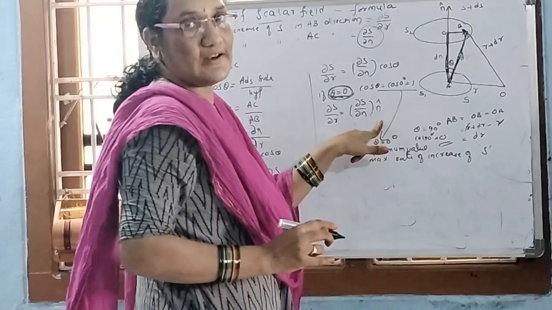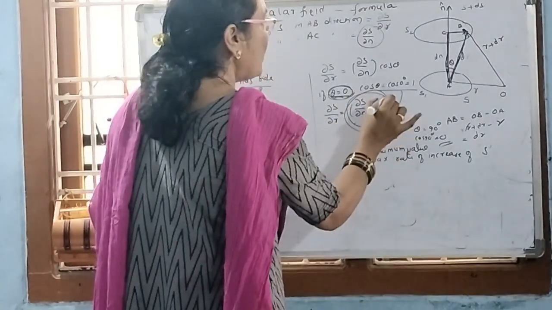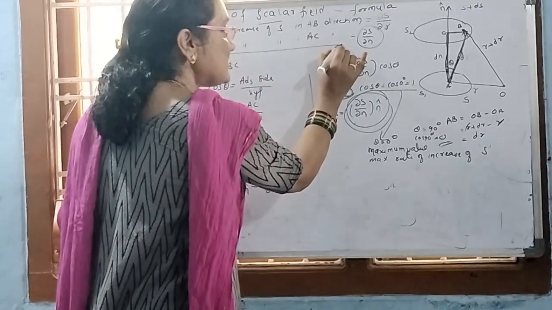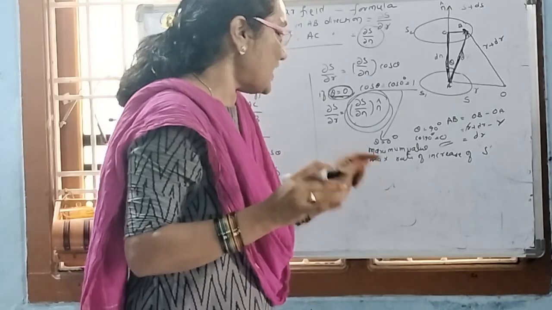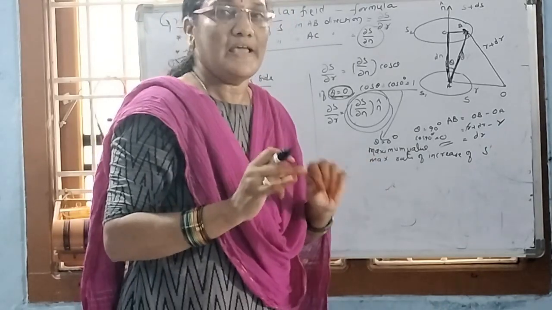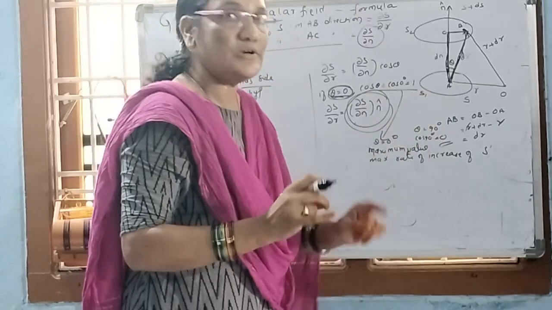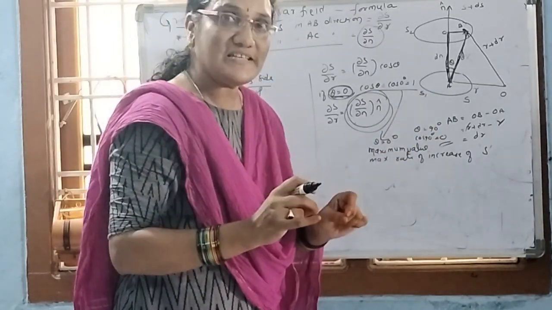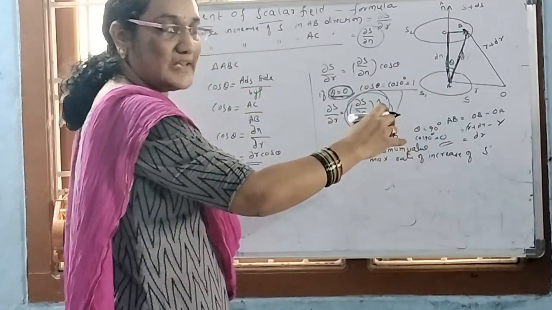With unit vector n along it. So now, what is dou S by dou n I said? Here it is the rate of increase of S in the AC direction. So from this we are understanding that in magnitude and direction, the rate of increase of this S is along the AC direction. Right?